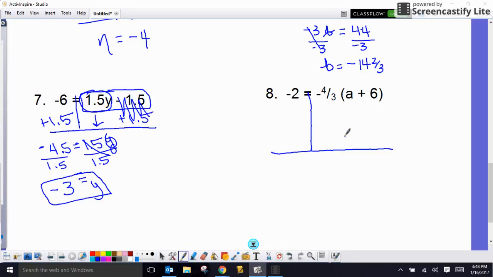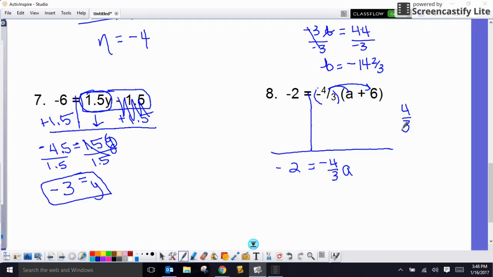A lot of ways I can do this. I'm going to go ahead and bring this down, and bring down my equal sign. I think I'm going to distribute this A. So this term needs to be multiplied to both terms. So negative 4/3 A is negative 4/3 A. And then negative 4/3 times 6.